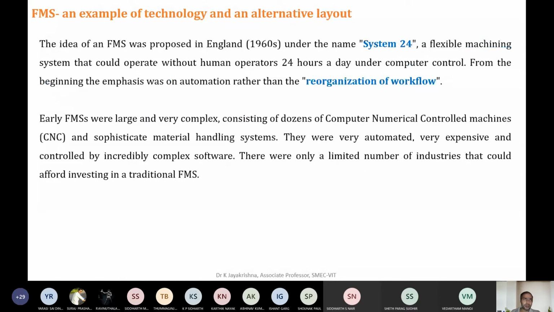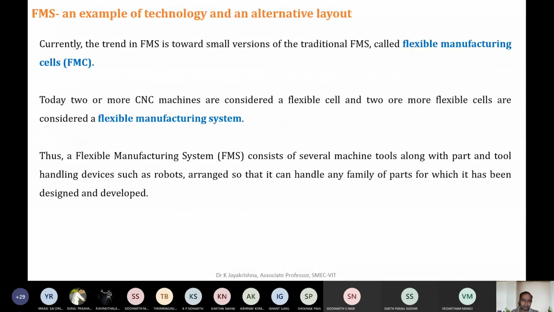Many companies were not able to afford the cost of transforming from traditional manufacturing to the flexible manufacturing system. So cost was a barrier. Next, what is FMC? Now you know what FMS is, but we should know the different levels of flexible manufacturing system. There are different versions of flexible manufacturing system.